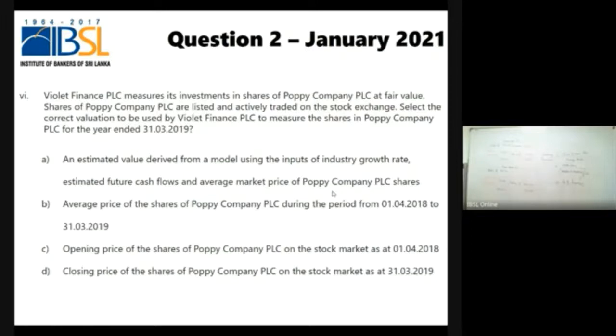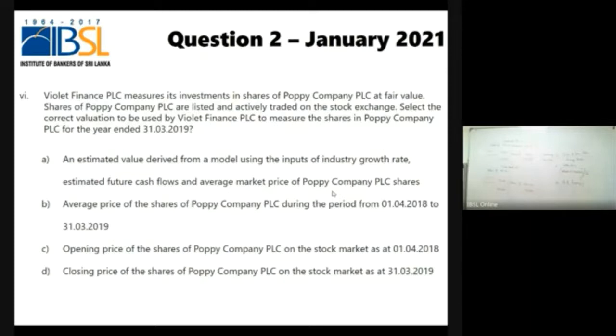And in these three categories, what are the measurement criteria available to us? One is you can measure it at fair value, or you have to measure it at amortized cost.